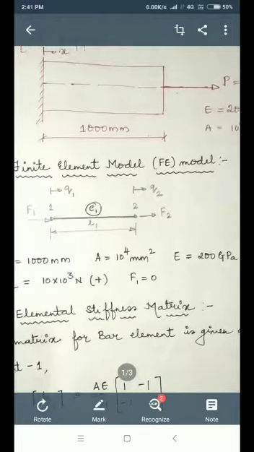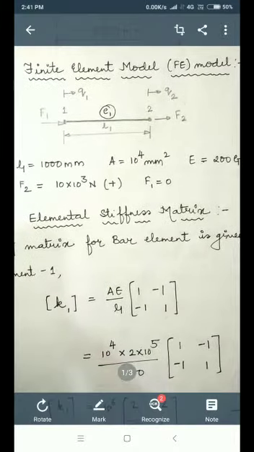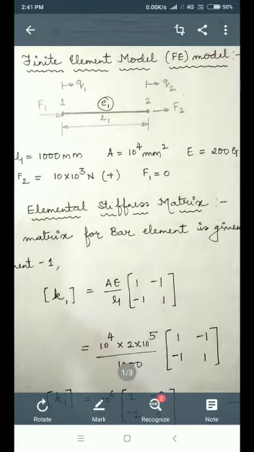Now these all the values are given. Substitute. A is 10 to the power of 4, E is 2 into 10 to the power of 5, L, length of the element, 1000 millimeters.